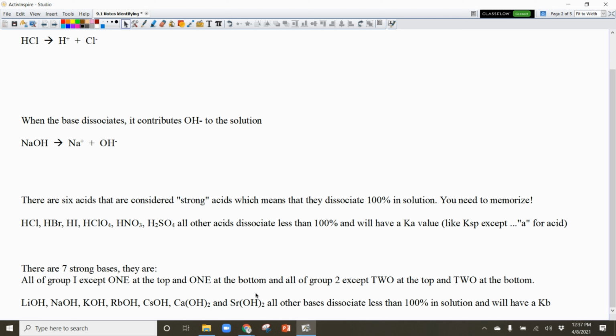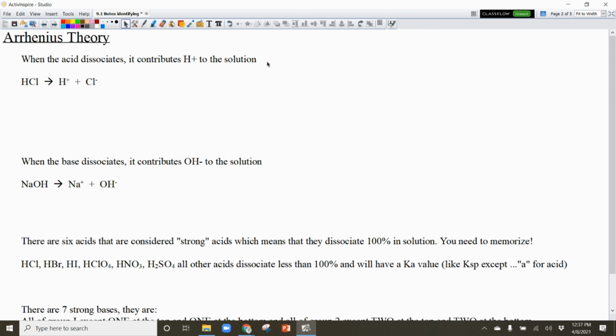So it's just calcium and strontium, calcium hydroxide and strontium hydroxide. All of these other ones dissociate less than 100%. And just like the Ka, they're going to have a Kb value. Okay. And so just to recap, that's the Arrhenius theory.